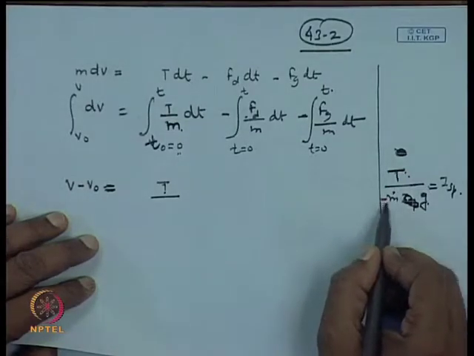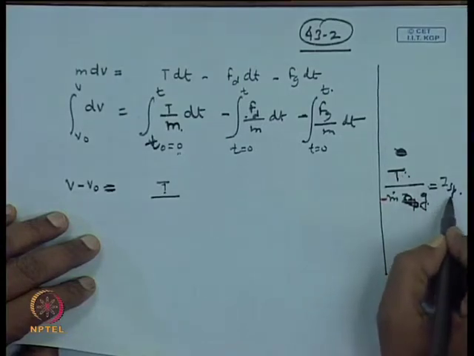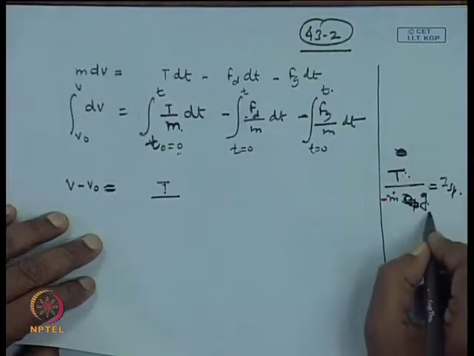So, minus sign was there. So, thrust divided by m dot z, this we define as a quantity called the specific impulse.